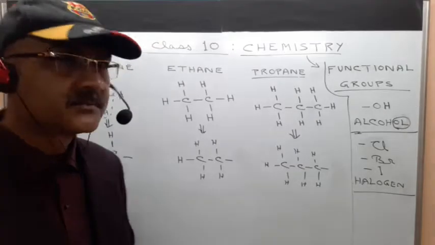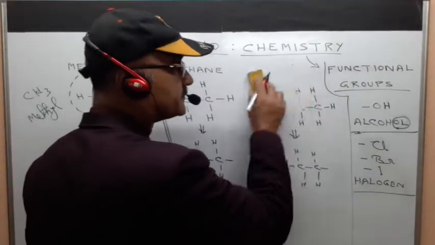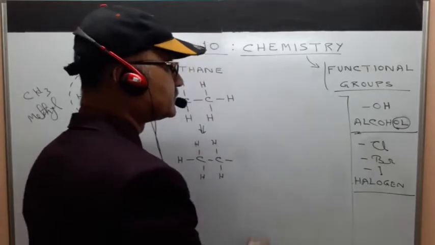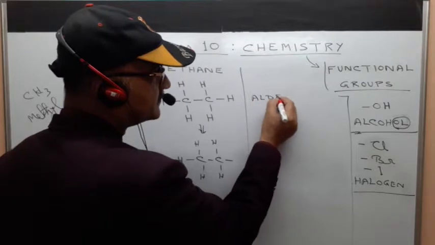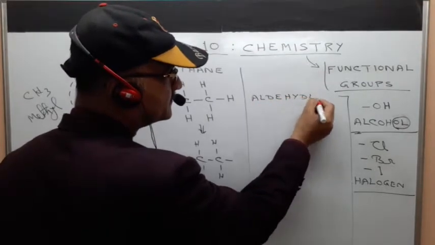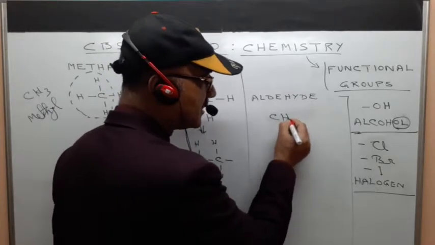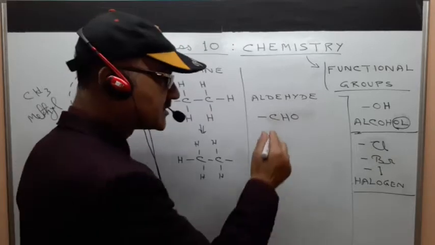The next group we'll learn about is the aldehyde group. So let me erase this to make some space on the board. So this group is called the aldehyde group. Its formula is CHO, valency is 1. The structure is like this.